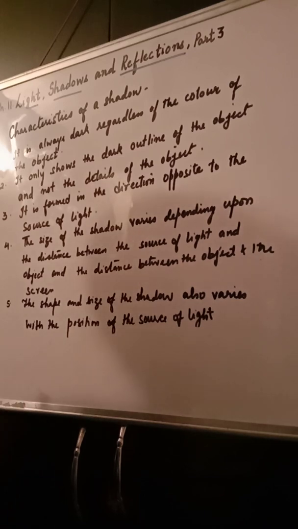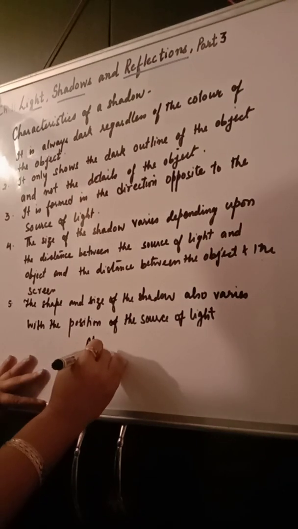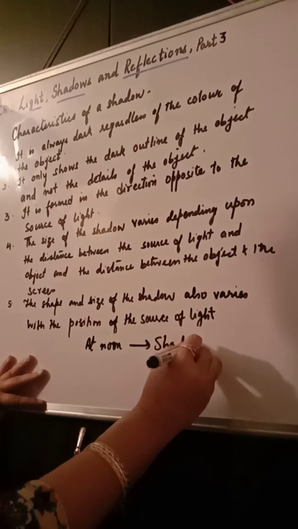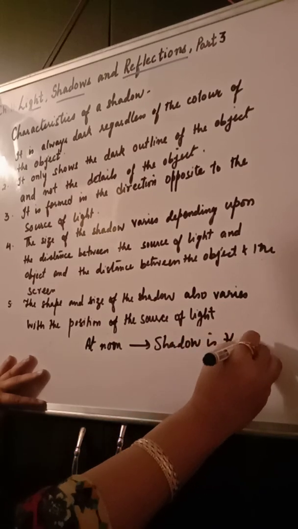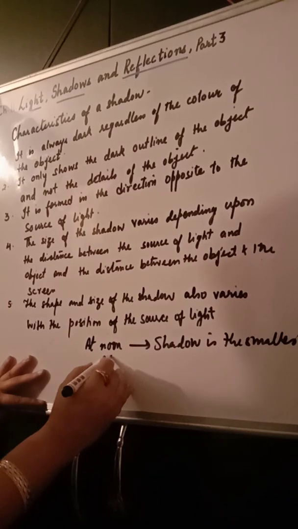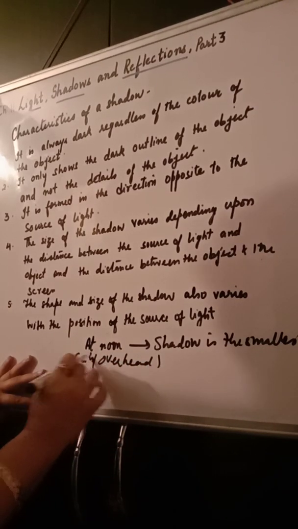And during noon, at noon, what is the size of the shadow? The shadow is the smallest at noon. Okay, when the sun is overhead, exactly above your head.